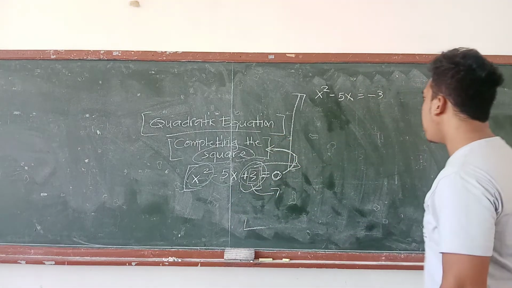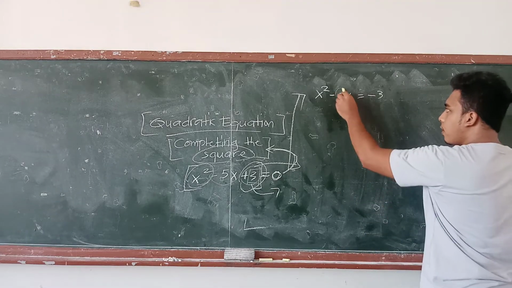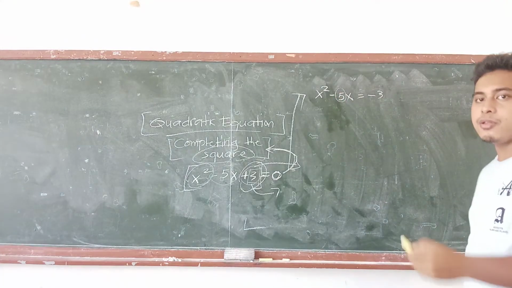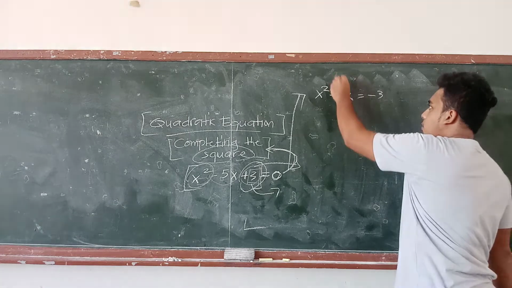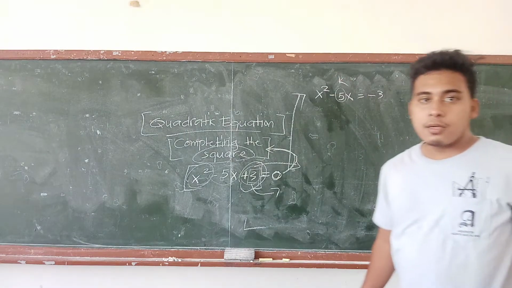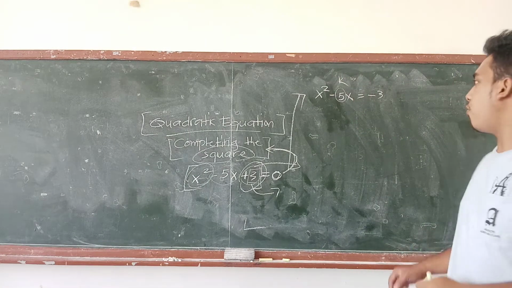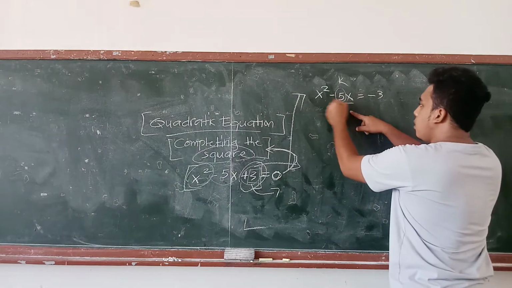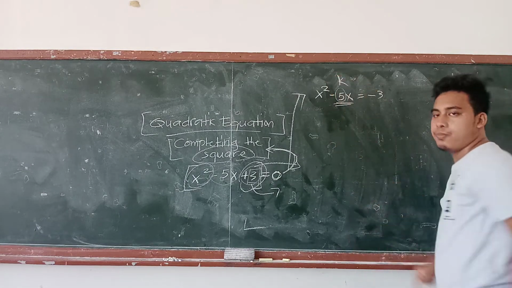This time, we can now go through the process of completing the square. First, let the numerical coefficient of our linear term be our k. Again, the numerical coefficient of our linear term is the k value.